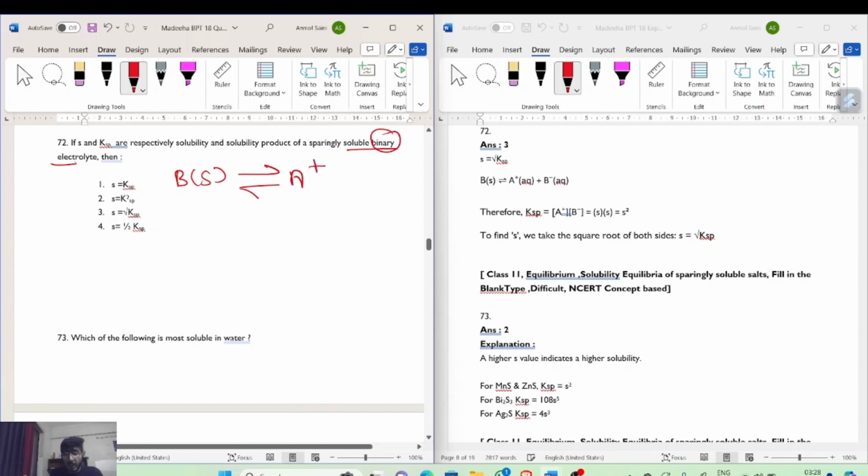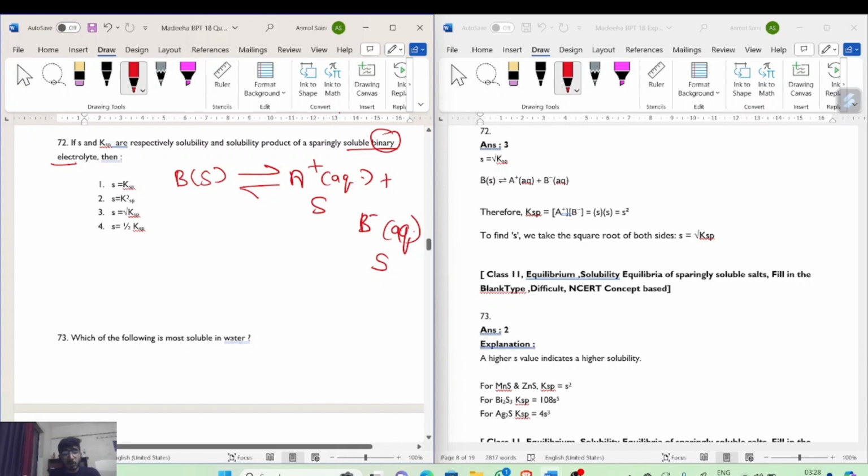So let's take A+ aqueous and B- aqueous. The solubility of the A+ ion will be S and of the B- ion will be S, because there is no coefficient, so no squaring has to be done.